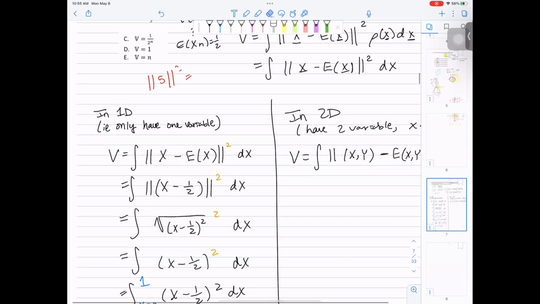The magnitude itself is the square root of each component squared. So 5 squared and then square root of it. But then I also took a square of that. And so in here, the square root and the squared cancel out. So I have 5 squared, which is 25.